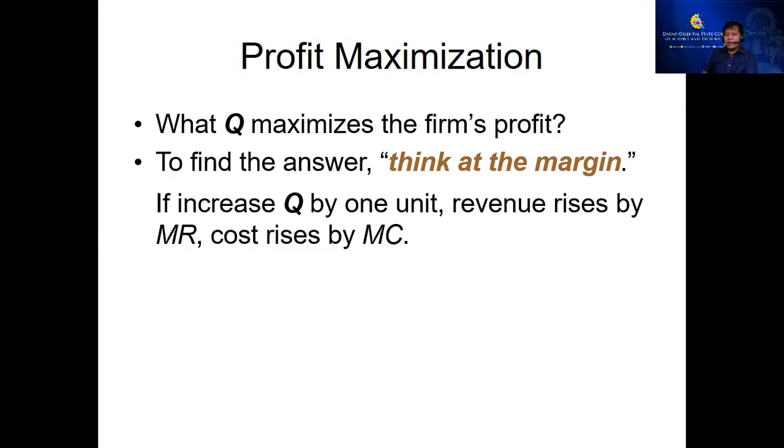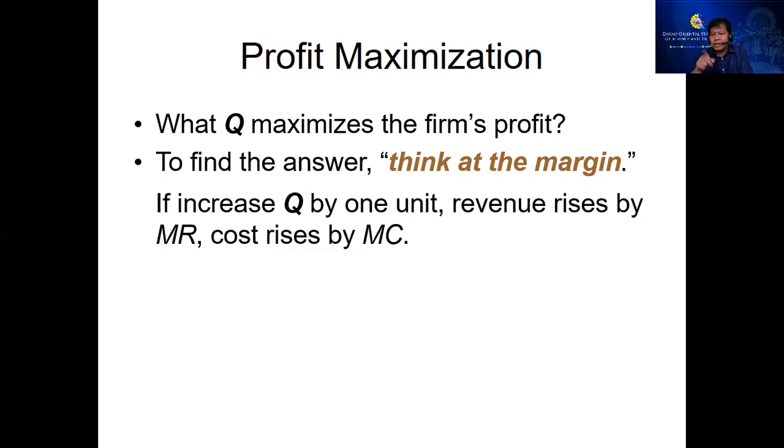Then, the cost rises by marginal cost. Unya, kung nag-produce kag isa ka additional nga produkto, naay gasto nga gitawag og marginal cost. So karon kung mo-produce kag isa ka unit sa imong production, naa na siya gitawag nga cost.